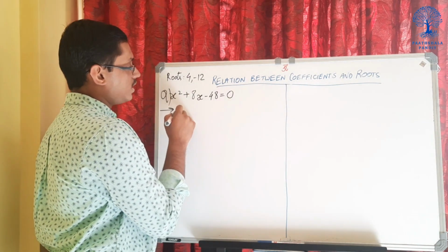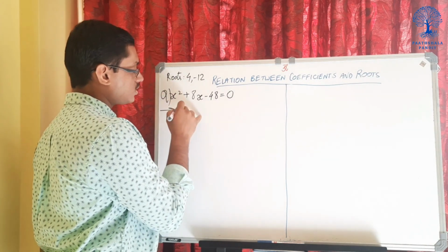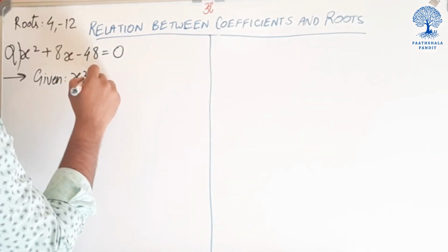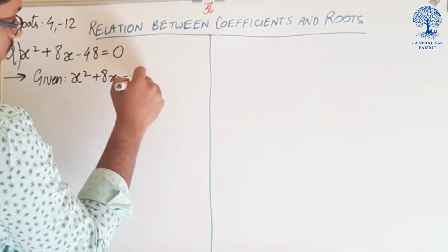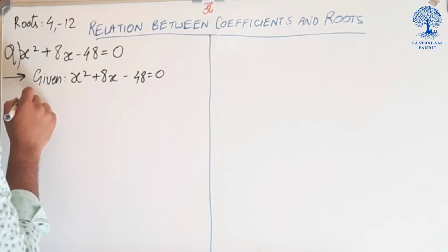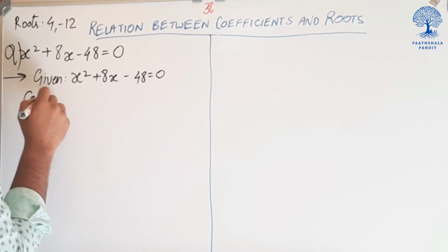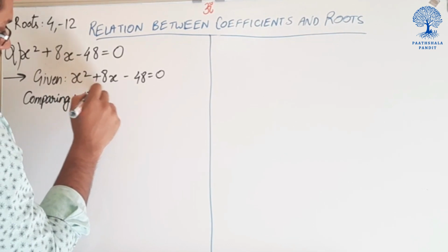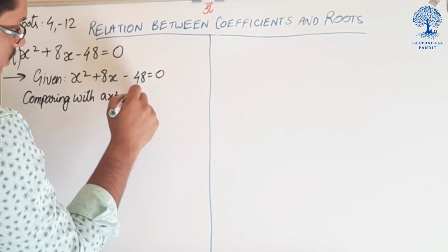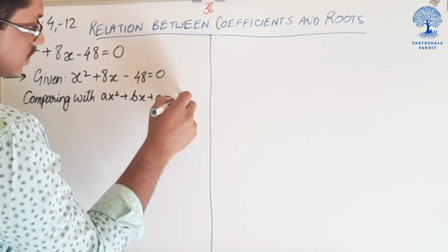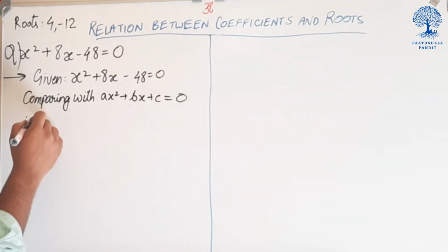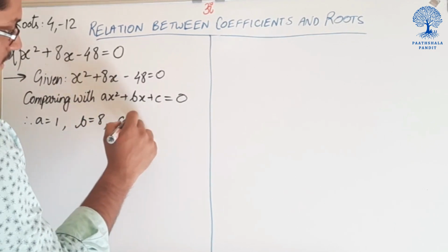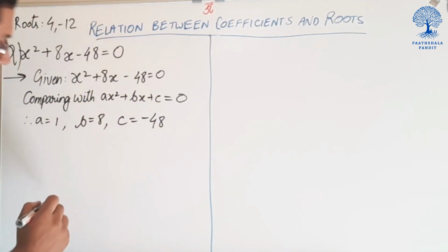First you have to write the given: x square plus 8x minus 48 equal to 0. So comparing with ax square plus bx plus c equal to 0, therefore a equals 1, b equals 8, c equals minus 48.